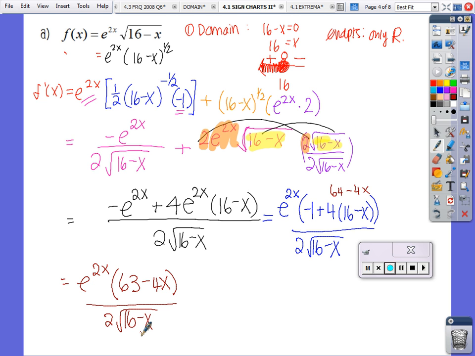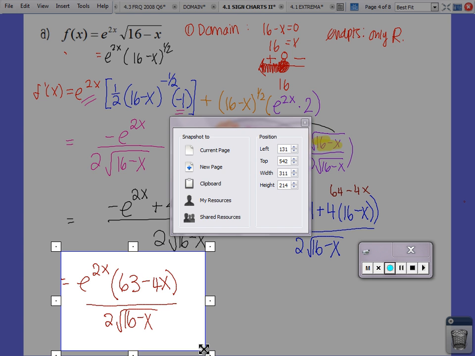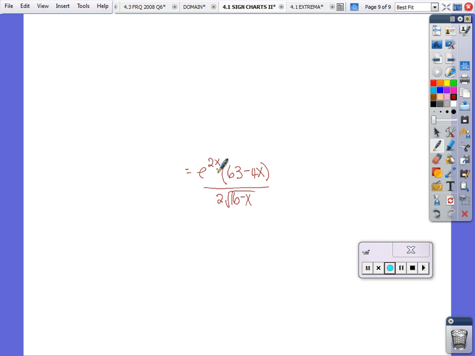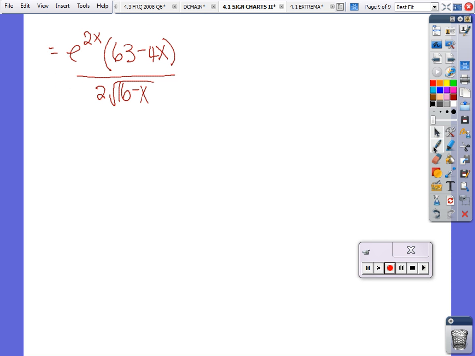So there's the derivative. The next step is to set the derivative equal to 0 or undefined. So we're going to take this to a new page. And I'm going to set my derivative equal to 0, which would be the numerator.